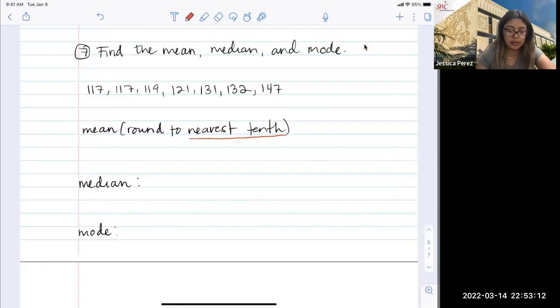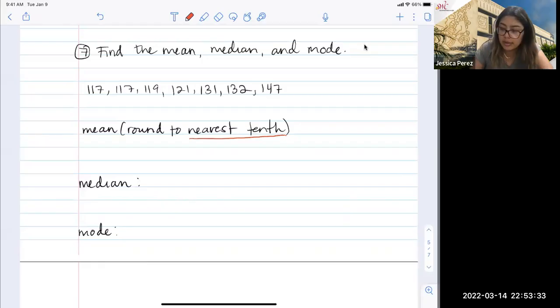So I'll do that: 117 plus 117 plus 119 plus 121. I'm using my calculator. Please have your calculator handy, especially for this exam. You have no idea. 121 plus 131 plus 132 plus 147.